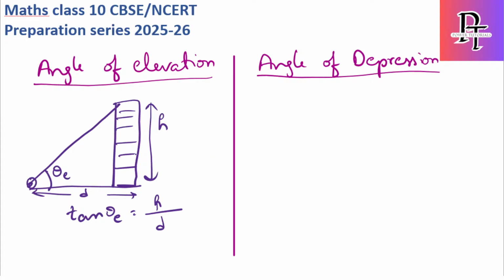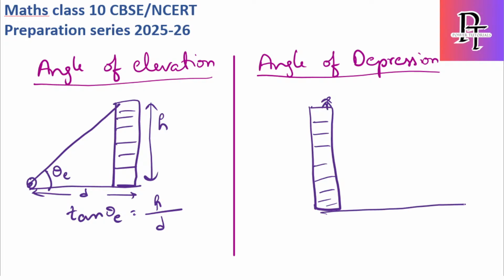It's like the opposite: from the bottom we are seeing the top. Now if you want to see from top to bottom, like in this scenario I have a building, and I have a person on the top of the building. From the top of the building, he wants to see an object which is on the ground.